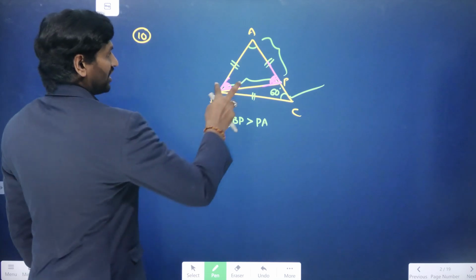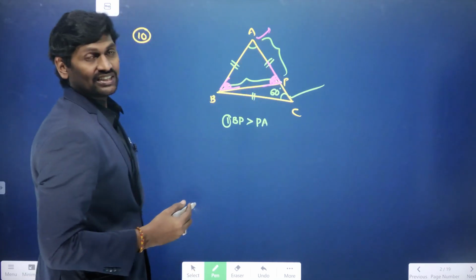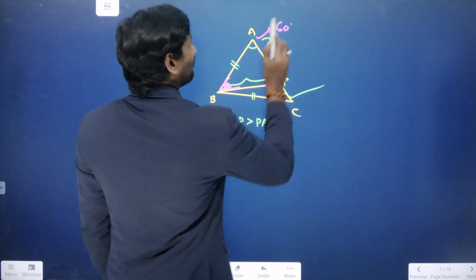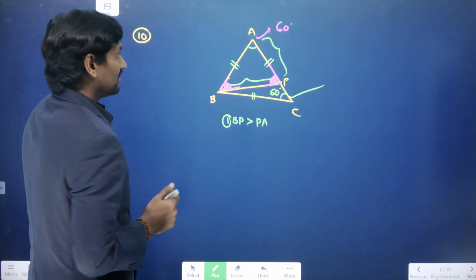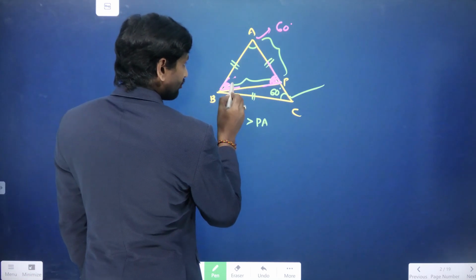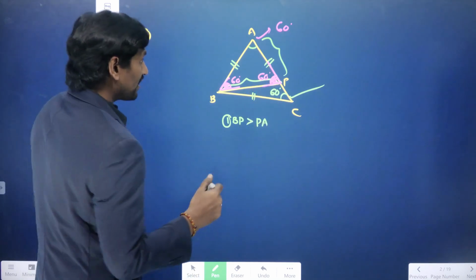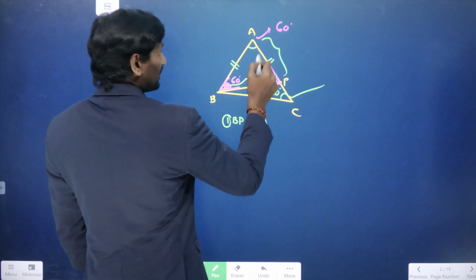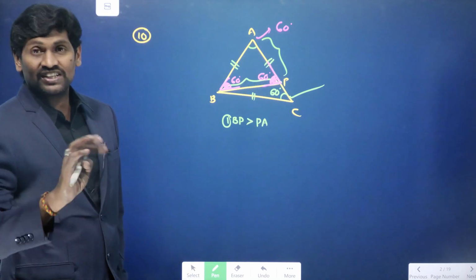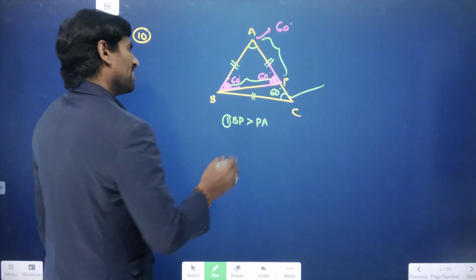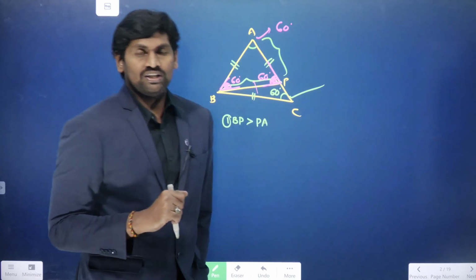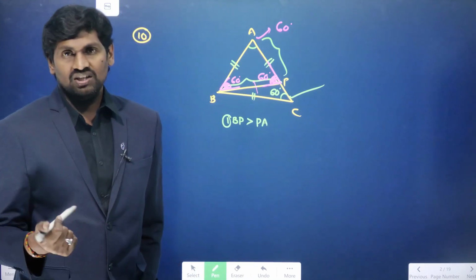Now these two angles are equal means the vertex angle, how much? 60 degrees. Vertex angle is 60 degrees. Then both base angles, these two, also 60 degrees. So from this we can say that all angles are 60 degrees. We can consider it is also an equilateral triangle. That means BP length is also equal.